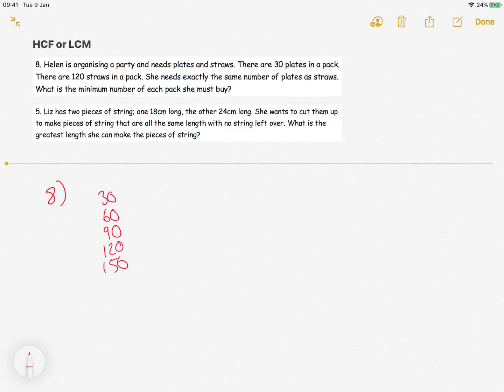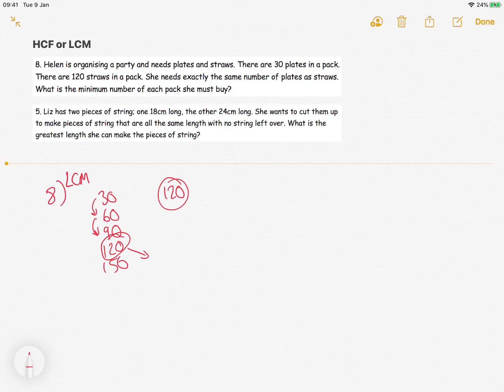So that is a lowest common multiple question, because you're finding that you're keeping on increasing the number of packs, you increase the number of plates. So then my other number was 120, and actually I can see that that's my lowest common multiple straight off. So the question was, what is the minimum number of each pack she must buy?